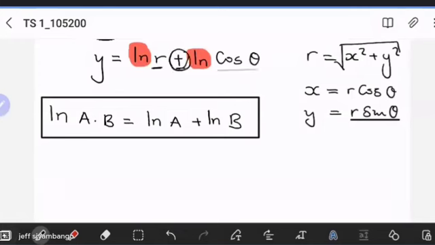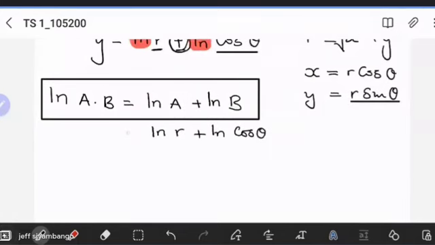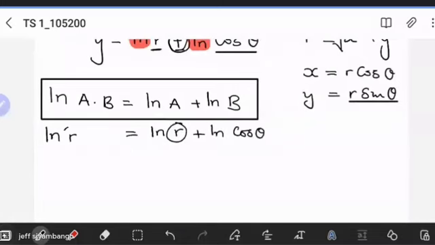So it's like they are giving us the right-hand side of this property, where this is ln A, or A is r, plus ln B, or in other words, B is cos theta. Working backwards, it must mean that this was initially ln of A times B, where A becomes r and B is cos theta.